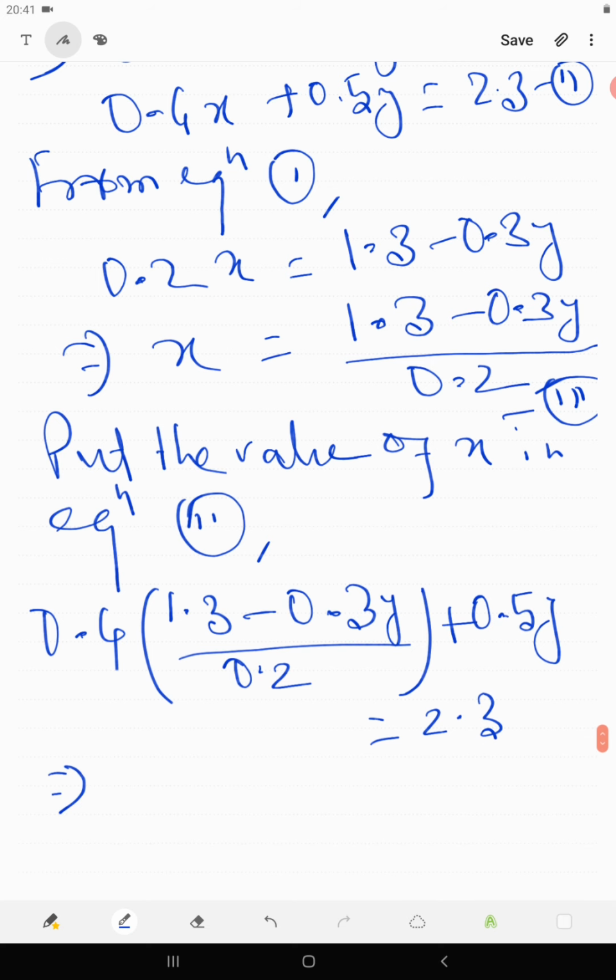So now 0.2 and 0.4, if you will see, if you will multiply 0.2 with 2, it will give you 0.4. So 0.2 twos is 0.4.